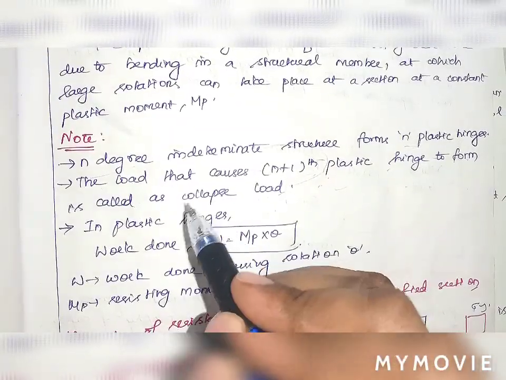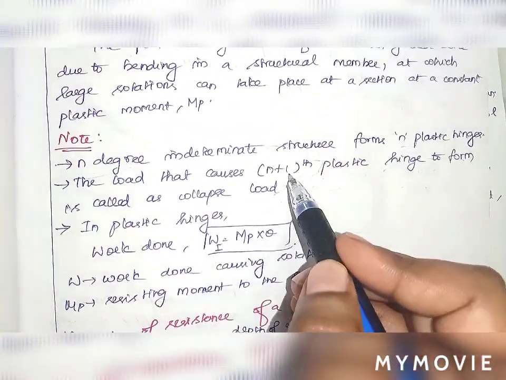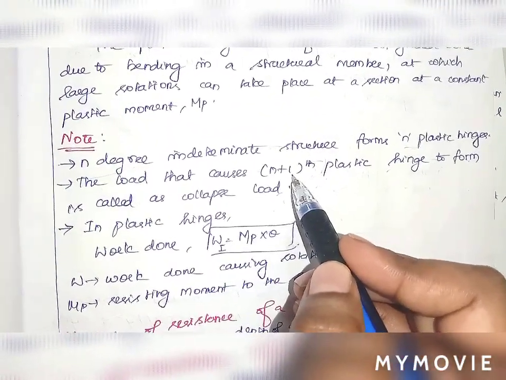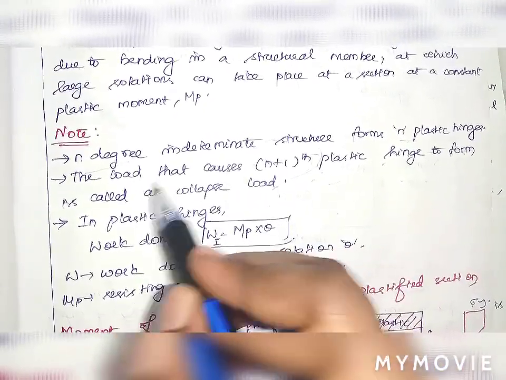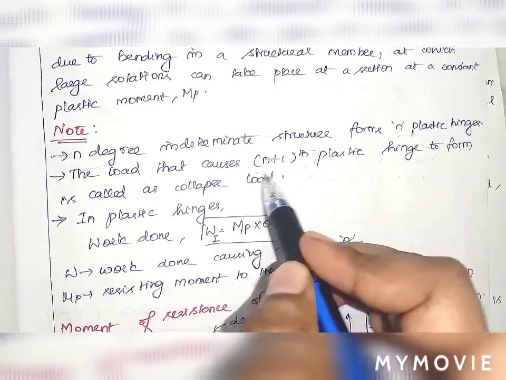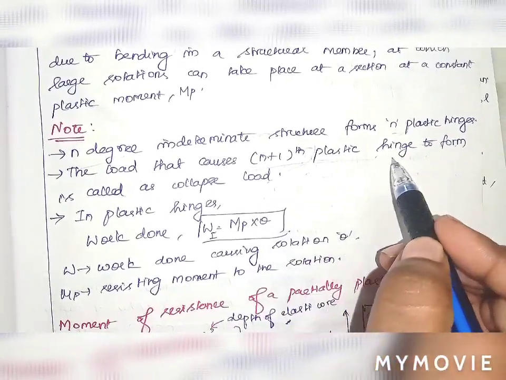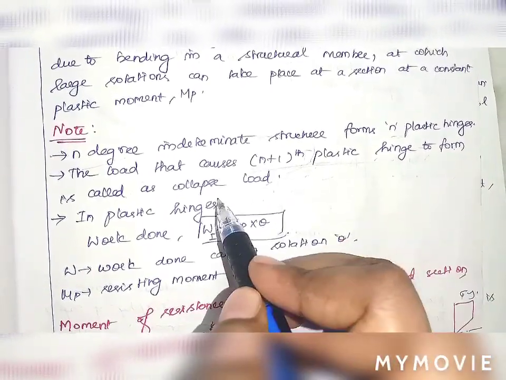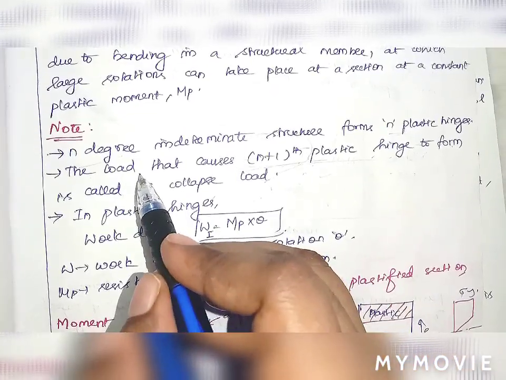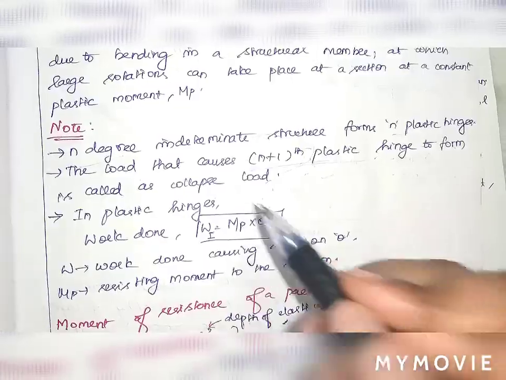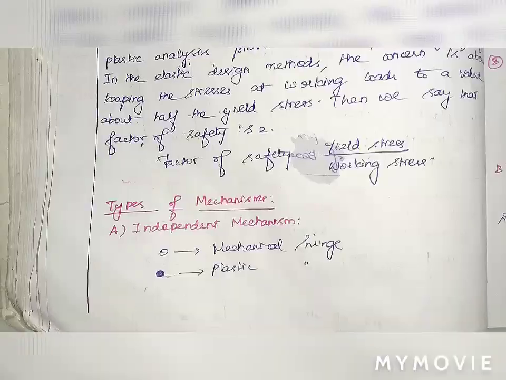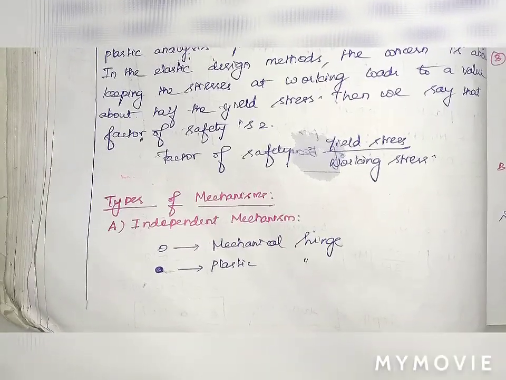But when the structure collapses, the n plus 1th plastic hinge will be formed. In other words, the load that causes the n plus 1th plastic hinge, that is the extra plastic hinge, to form is known as the collapse load. So the next topic is types of mechanisms.